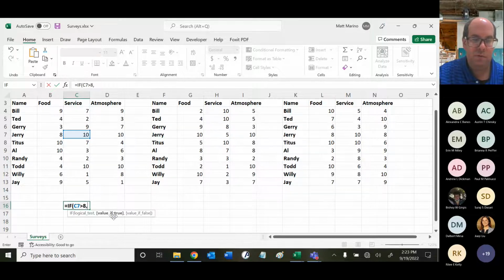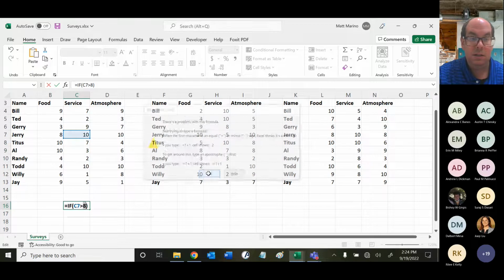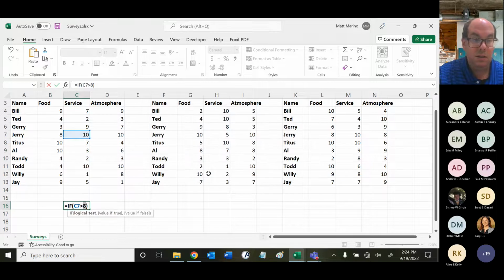See where it says value if true, value if false after the comma? If you just wanted it to say true or false, you could literally just do this, and it would show either true or false.